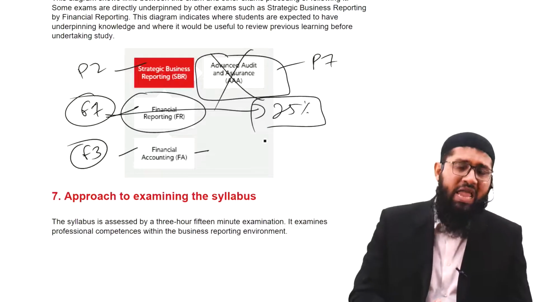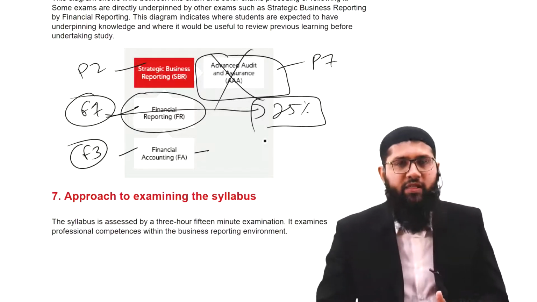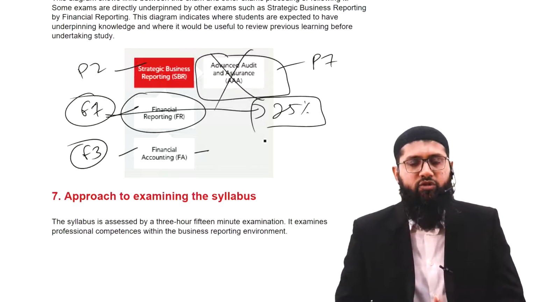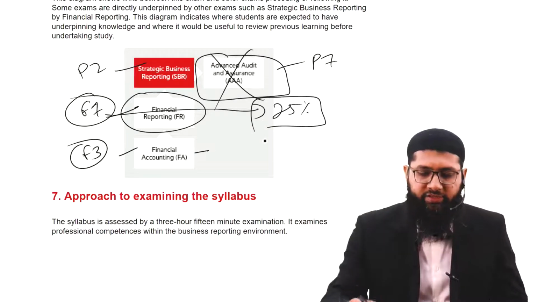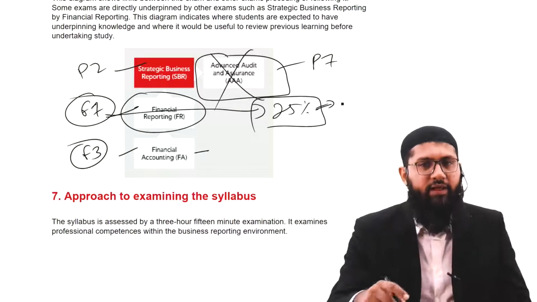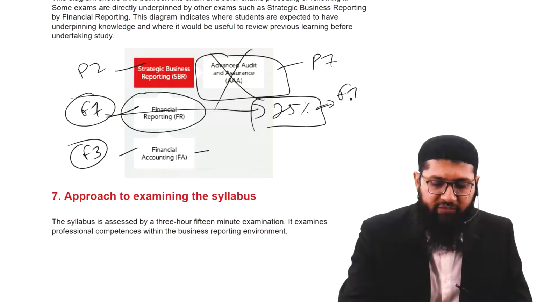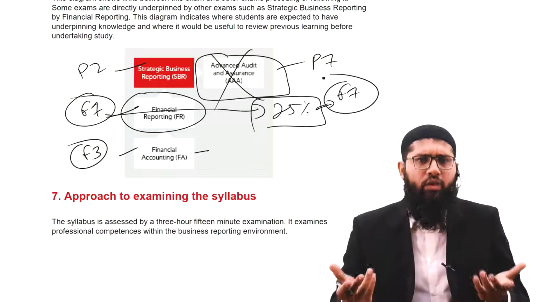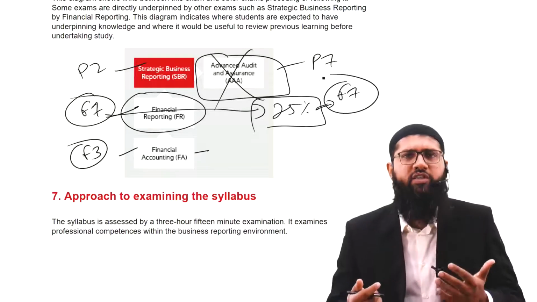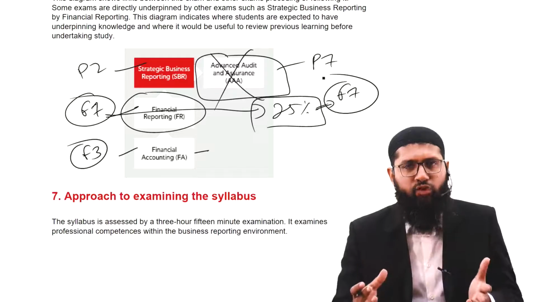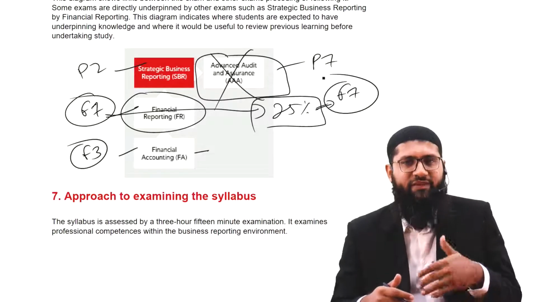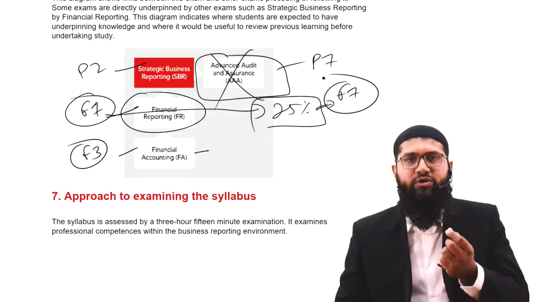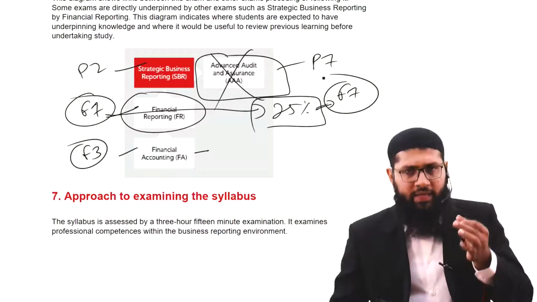Now, how are we going to tackle this problem? Because I know that you have forgotten everything. So the way we are going to tackle it is that I'll be covering each and every accounting standard that you have covered at the F7 level. Obviously, the coverage would not be at a very slow pace, but at a slightly faster pace, because my objective is to revise, not to teach you from scratch.